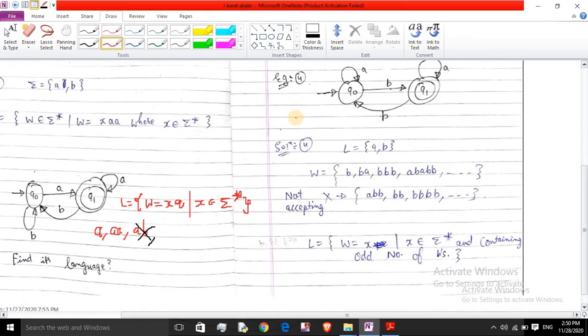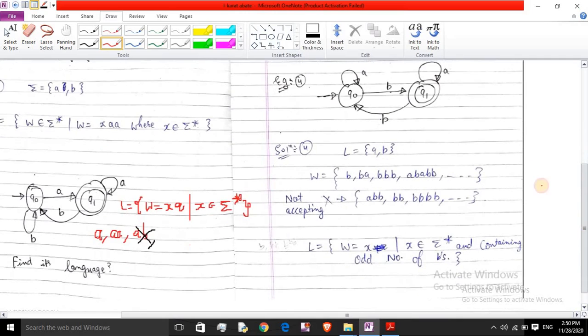So now look at our example number 4. This machine is simply accepting the words B, and then if after B an A comes, it is also accepting this word. Let me write here properly. It is also accepting this word.